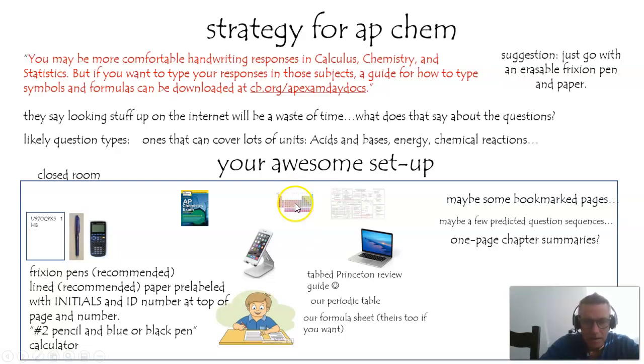I would use our super helpful one, or any one of your choice, or both. We do have an AP chemistry equation sheet that lists just about all the equations on one sheet. Maybe I would also have their official AP chemistry equation sheets. You can find them on the class website. I don't like it very much, but you could use it. And you could have any other pages ready to go that you think might be handy.